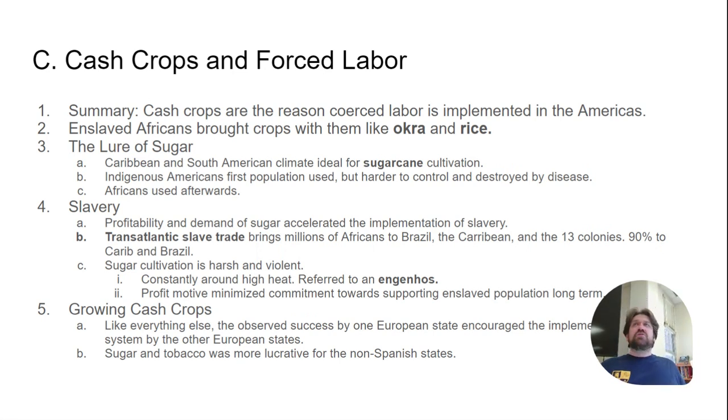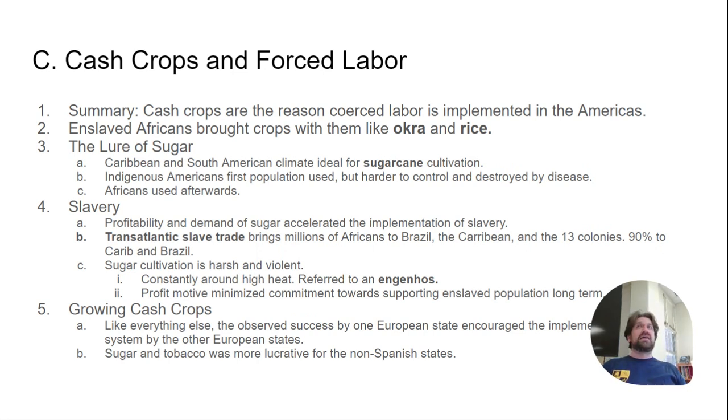So, specifically the Caribbean and the eastern coast of South America were ideal for the cultivation of sugarcane. Europeans first determined this because the Spanish had sugarcane cultivation on the African coast, and the climate was kind of the same. They used the indigenous Americans, like the Carib people in modern-day Cuba, to cultivate sugar.